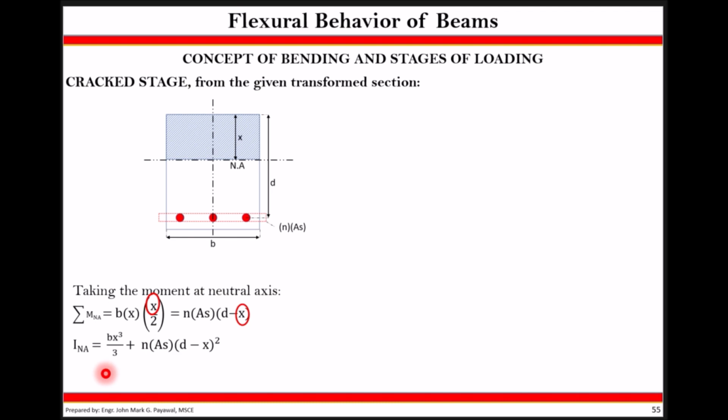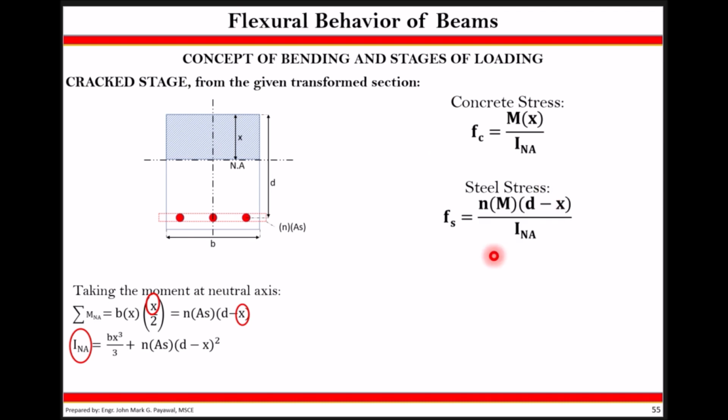In case ayaw mo mag-memorize, tandaan mo lang kung ano yung manifestation of uncracked stage at ng crack stage. Basta tandaan mo ulit na kapag uncracked stage, 3 stresses, crack stage, 2 lang. Your 2 stresses now would follow that it can be computed as concrete f_c = M multiplied by x over INA, pareho siya sa FCC. And then, wala na akong FCT, pero meron akong FS.